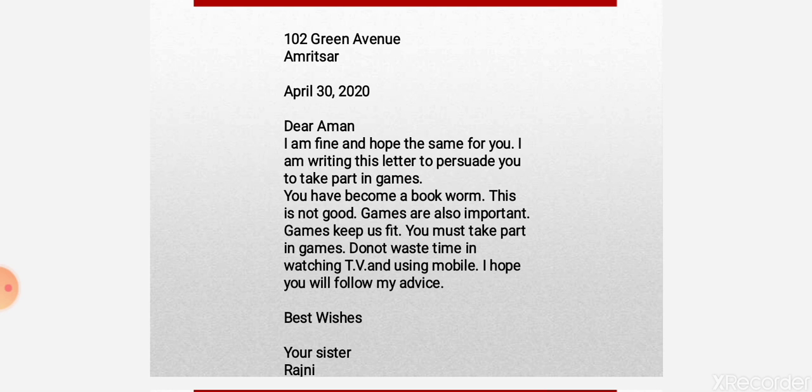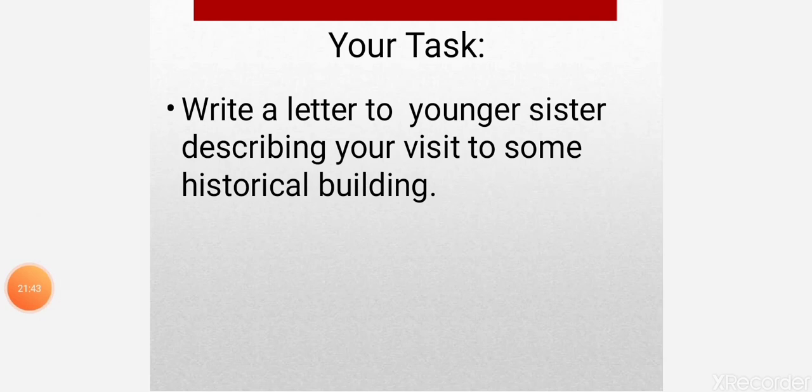If you try to keep in your mind the layout, the planning, the ideas, and then finally the writing of a letter, you will frame a letter very easily. So keep all these things in mind and try to write a letter in simple sentences.